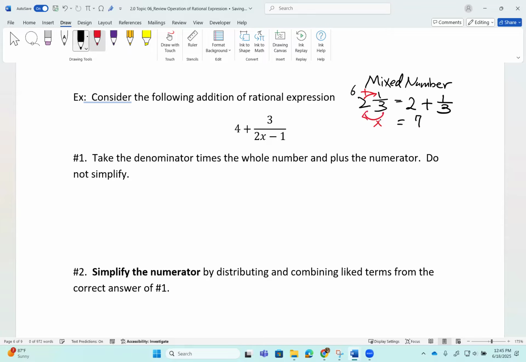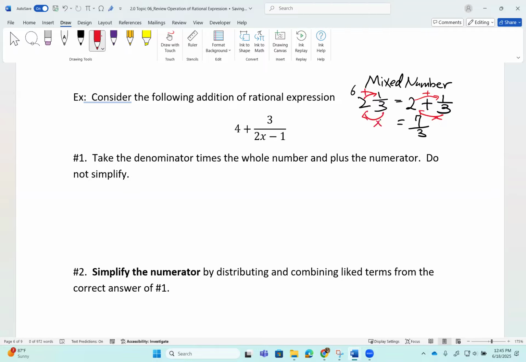So 2 1/3 is 7 over 3. Just so, if 2 1/3 is 7 over 3, then 2 1/3 is 2 plus 1/3. That means whenever I'm combining a whole number with a fraction, I can always use this trick, which is taking the denominator times the whole number, then adding on to the numerator. I can use that trick every time I combine a fraction with a whole number.